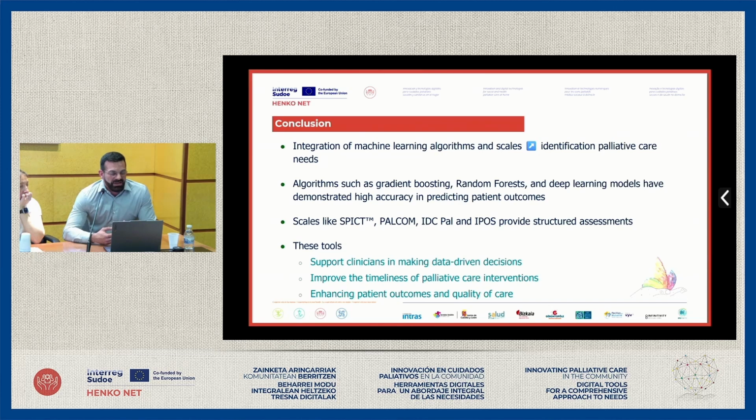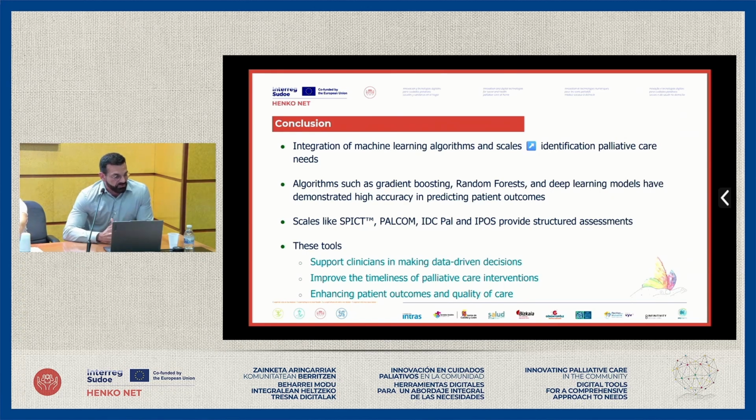So these scales should probably be implemented in the routine, or maybe in the digital tools we are talking about, to standardize the way to identify situations needing specialized palliative care.